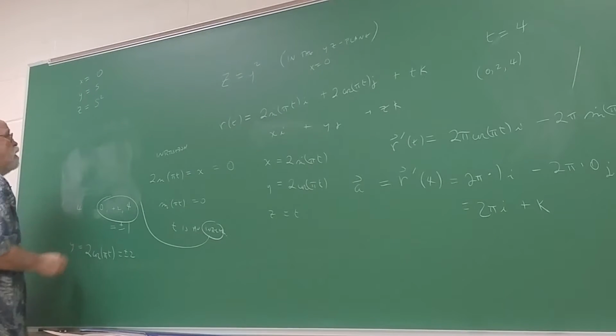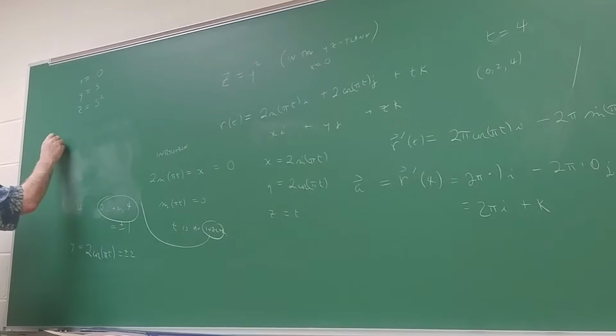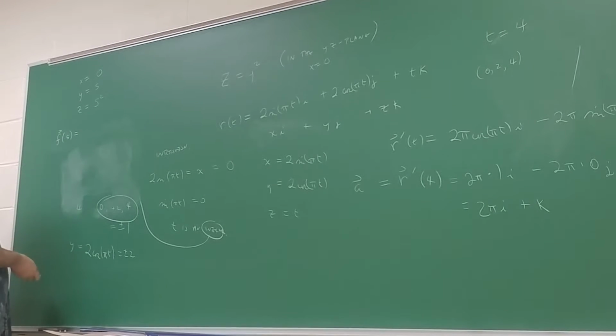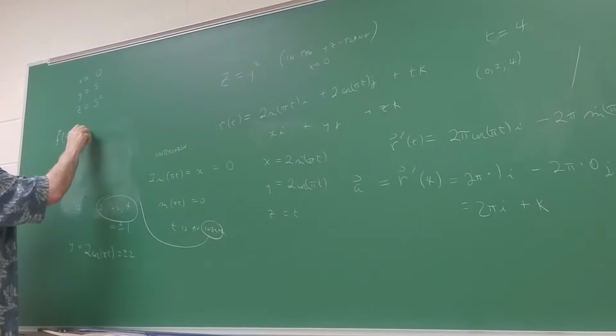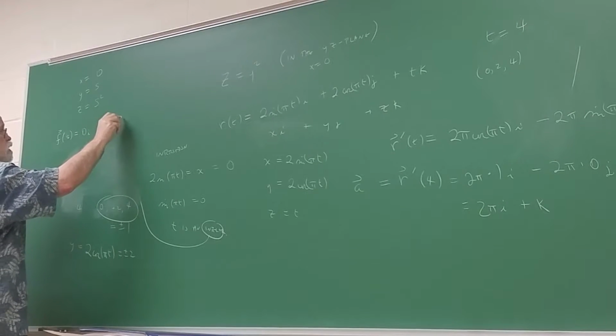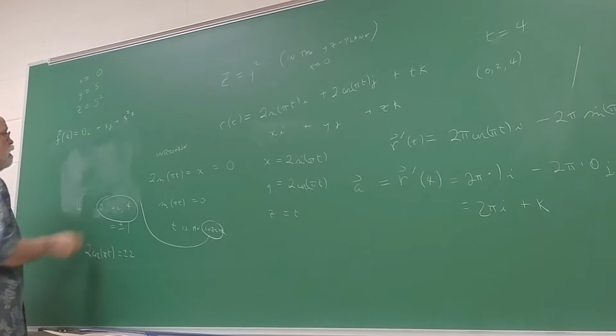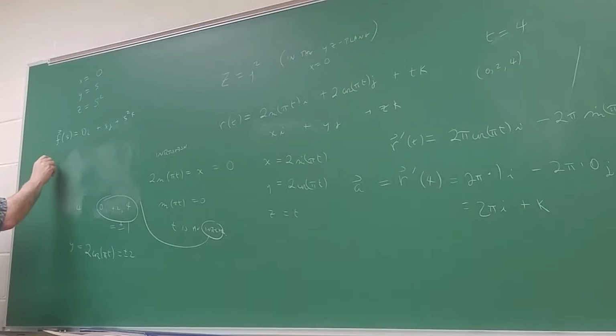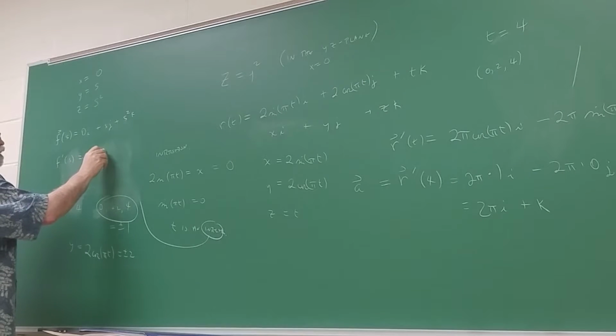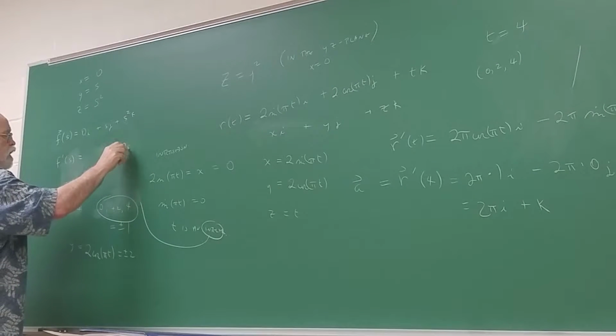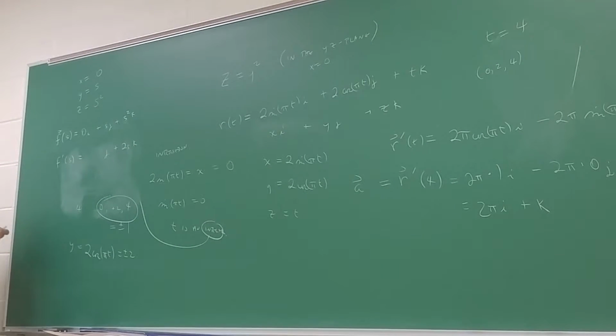So then we have this other vector valued function, I'll call it f. F of s is going to be 0 i plus s j plus s squared k. And so when I take the derivative, f prime of s, I'm going to get j plus 2s k. And what do I need for s?